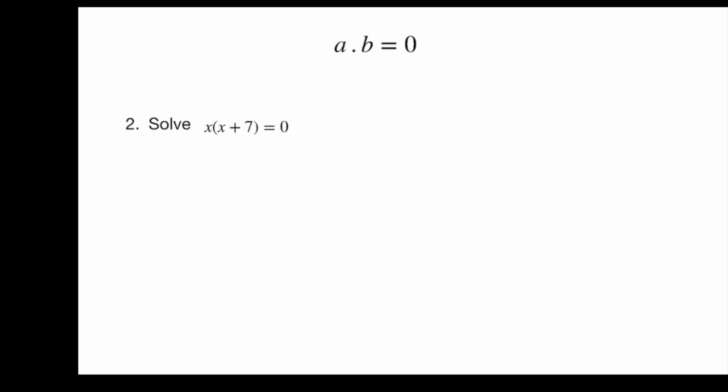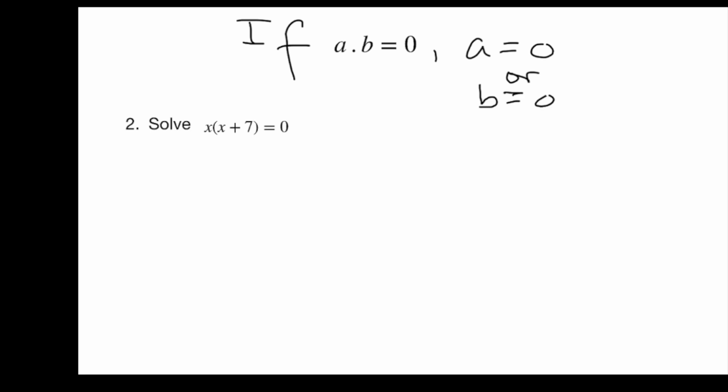Okay, let's look at another example. We are using the same property. Remember, if a times b is equal to 0, then a is equal to 0 or b is equal to 0.